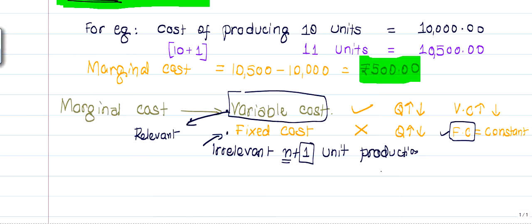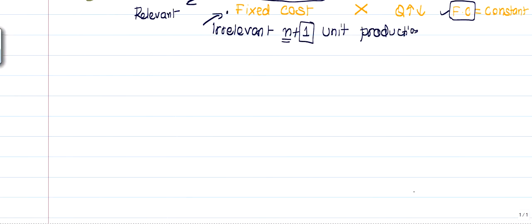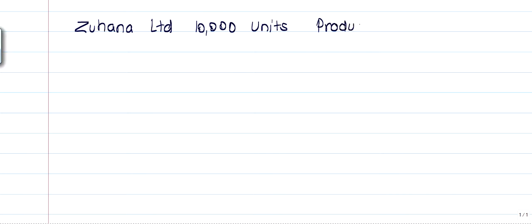Okay, let me give you one more example so you can understand better. Marginal cost. Let's say Zuhana Limited is producing 10,000 units of any product, say product A. This is an illustration. 10,000 units are produced.